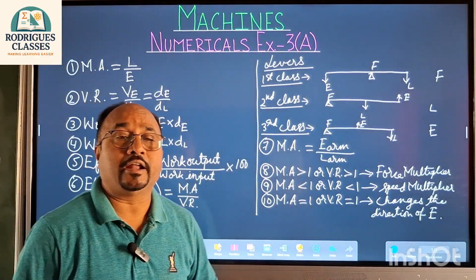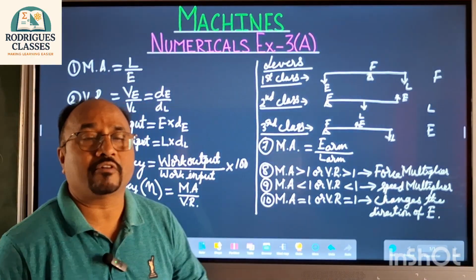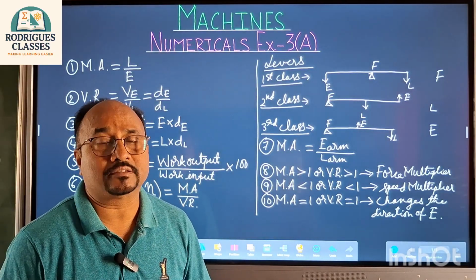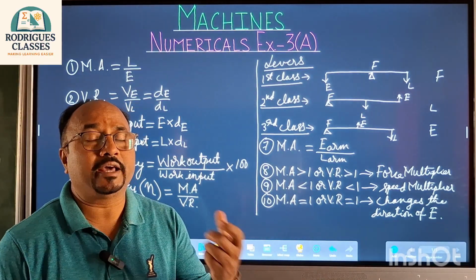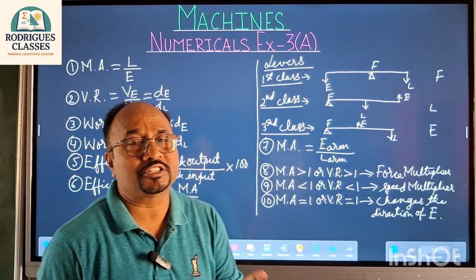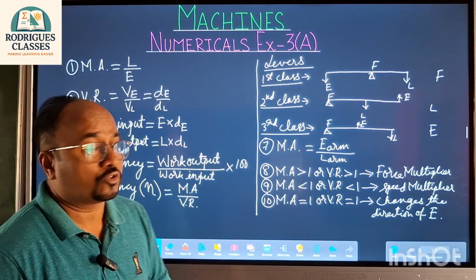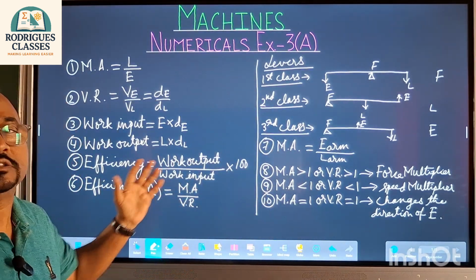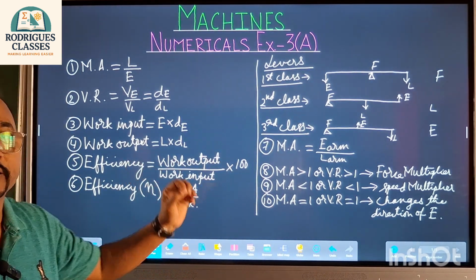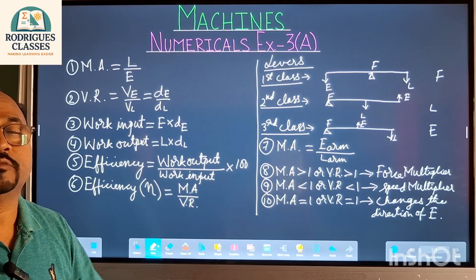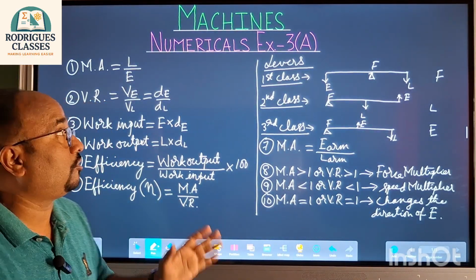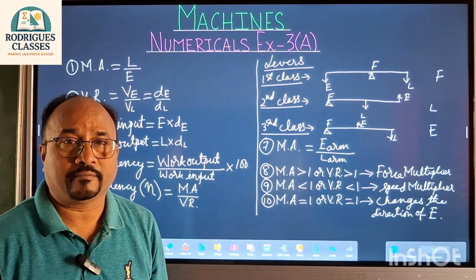So you should find out the value of mechanical advantage or velocity ratio, and then you can categorize whether it is a force multiplier, speed multiplier, or simply changes the direction. So I hope you have taken a note of all these formulas, so that we can now proceed to the numericals and solve all the numericals of exercise 3A.